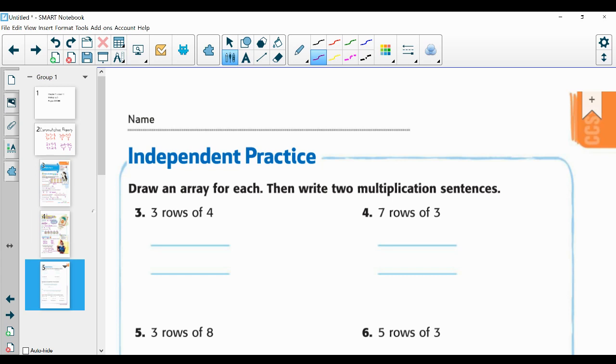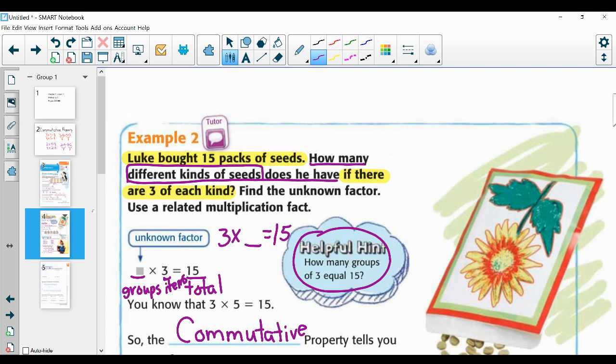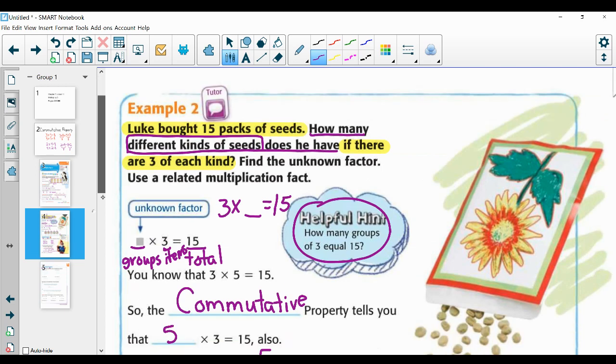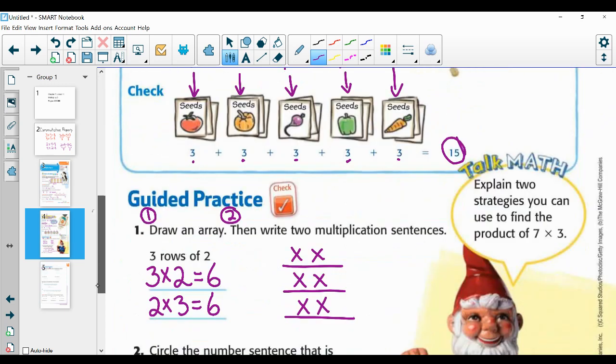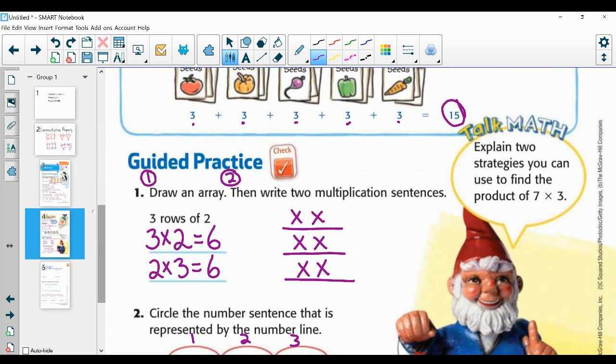For the first one, draw an array for each, then write 2 multiplication sentences. You have 2 directions here. You have draw an array, and then write 2 multiplication sentences. This one is just like number 1 on the guided practice.